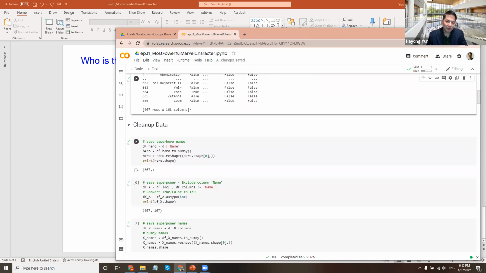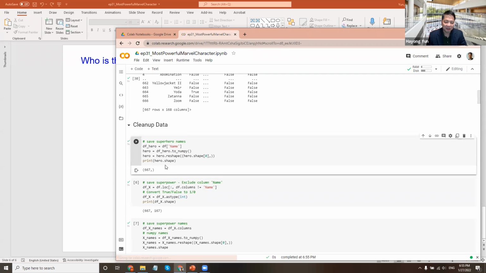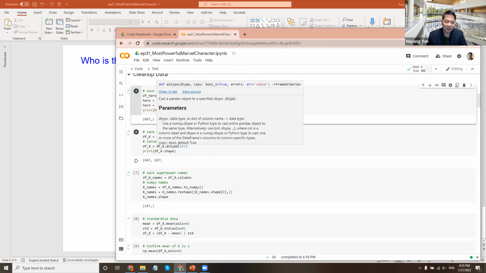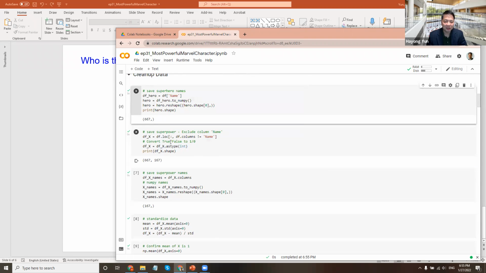So the data frame hero here is the name, and I'm converting it to a NumPy array and reshaping it to just a vector of 667. And then the superpowers, 167 of them.